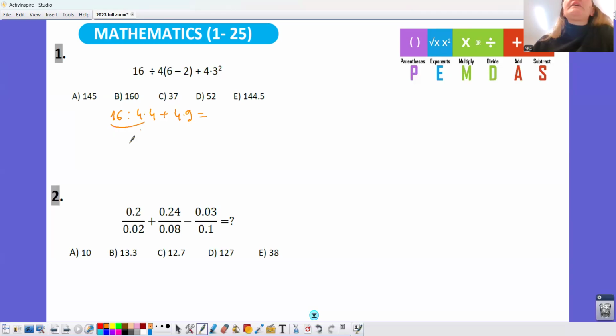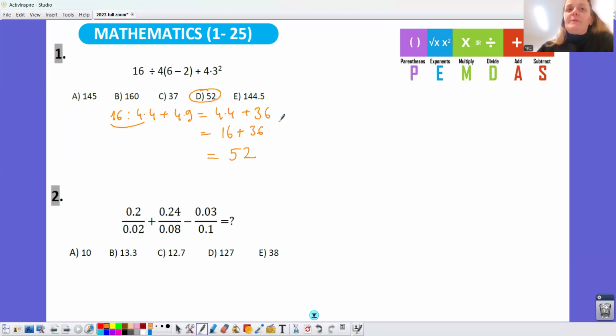So I will start firstly 16 divided by 4, which is 4, then we have 4 times 4 plus, and here the multiplication 36. So I have 16 plus 36, which is 52, the result.